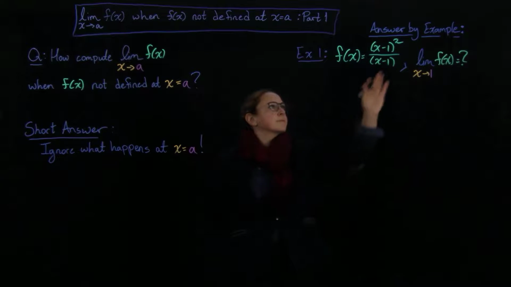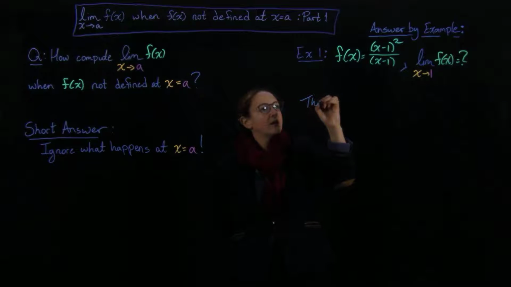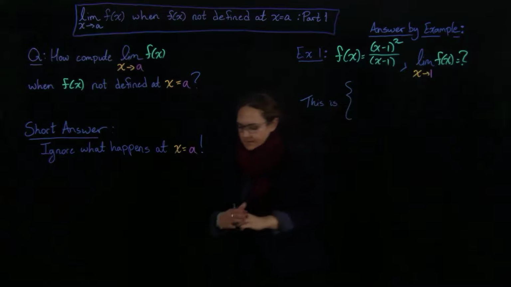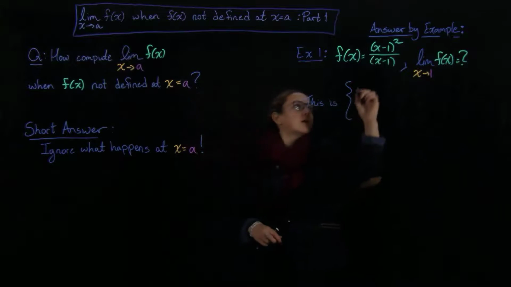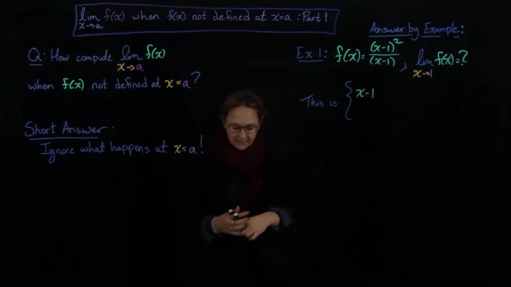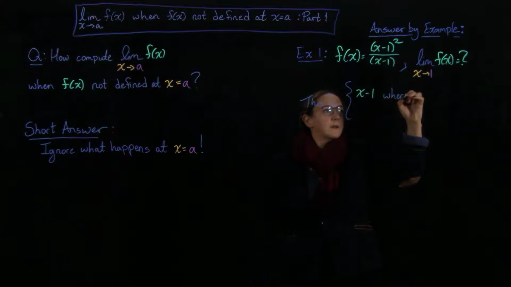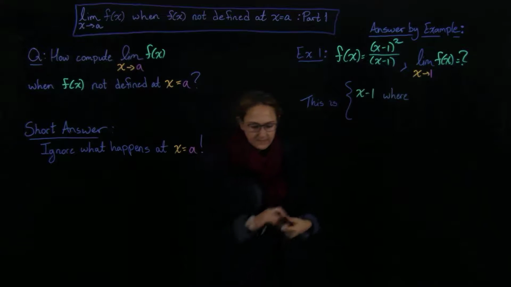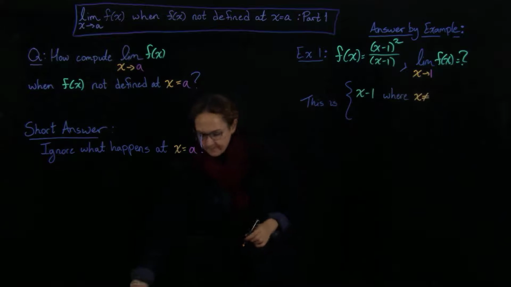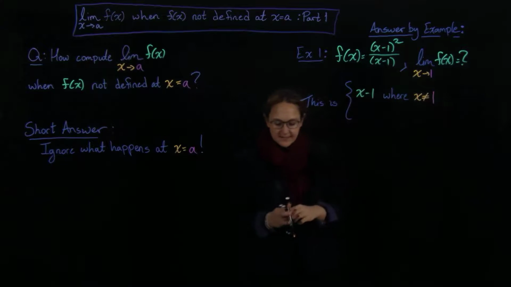Well, using cancellation, as you've seen before, as long as I'm not at 1, where x does not equal that special value 1, this is the same thing as the function x minus 1.